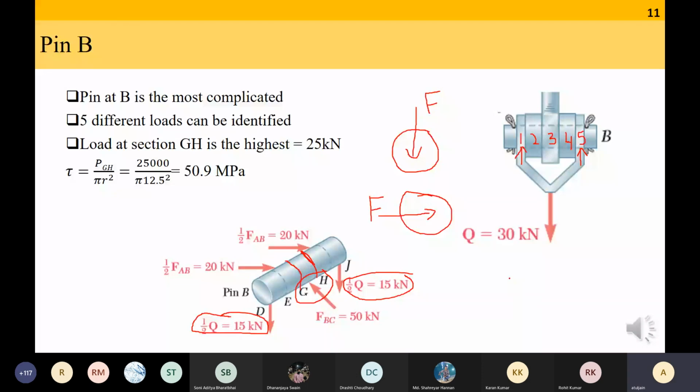Let us draw the free body diagram of the region GH, okay? Okay, clear?